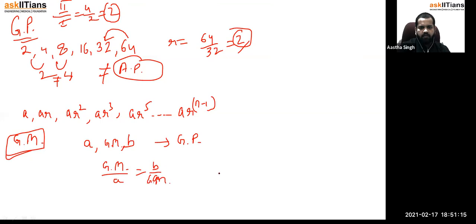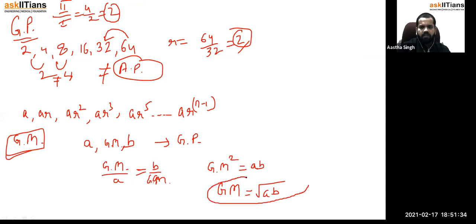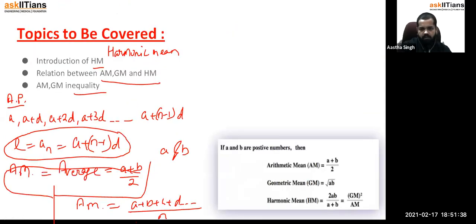The second number is your GM. Hence, if you cross multiply, GM square will be equal to AB. Hence, your GM will be equal to the square root of AB. Like in our previous slide, it is already written there.